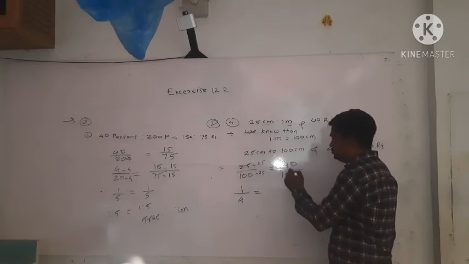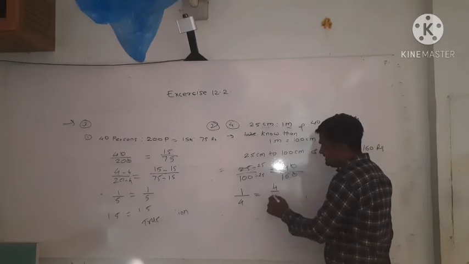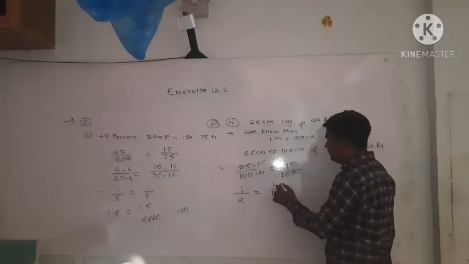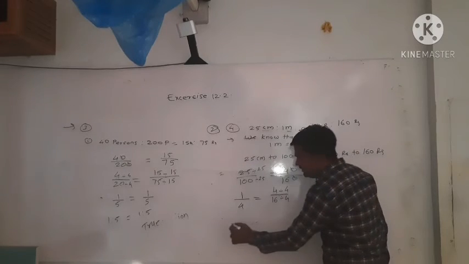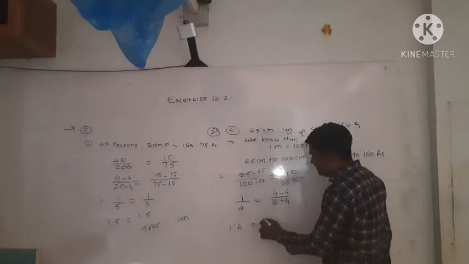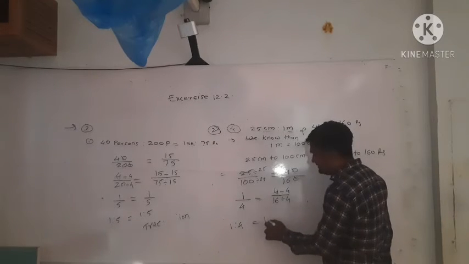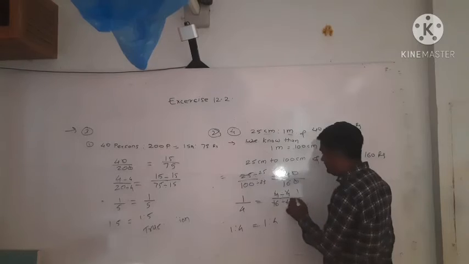Here 0, 0 cancel, which remains 4 by 16. So when you take both numbers in fourth number table, the answer is 1 is to 4 is equal to 4 ones are 4, 4 fours are 16.